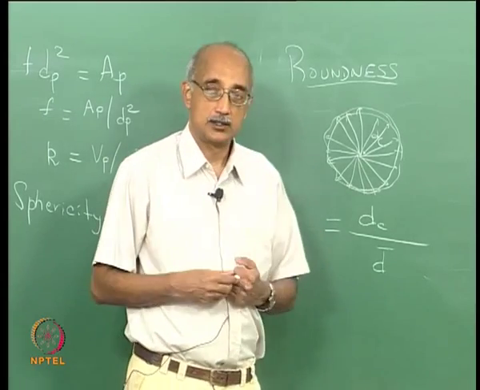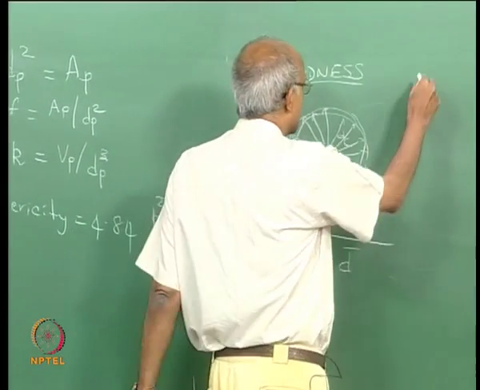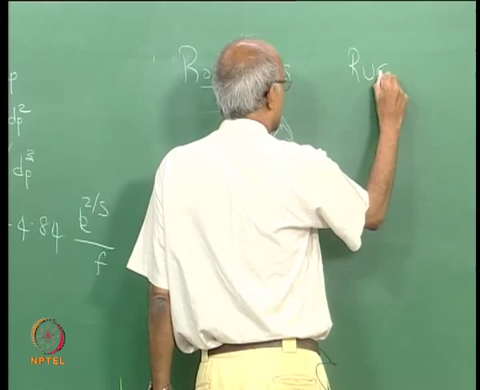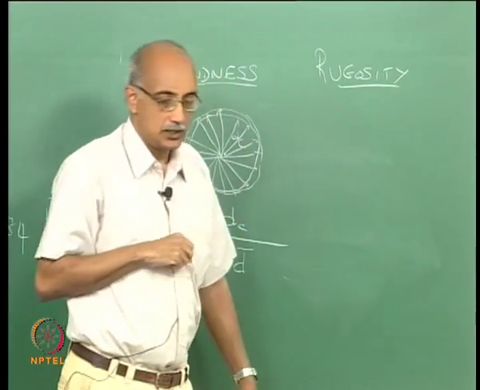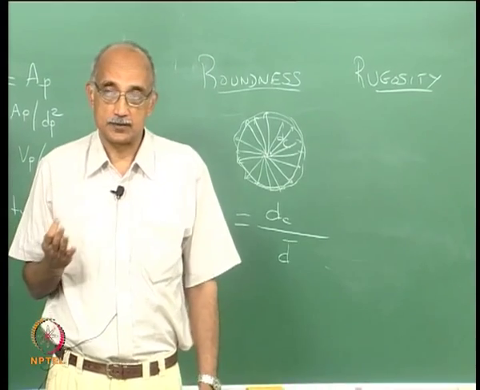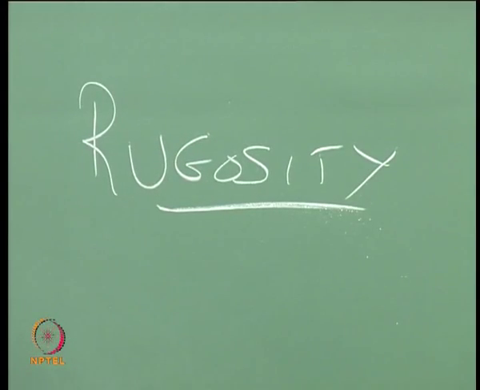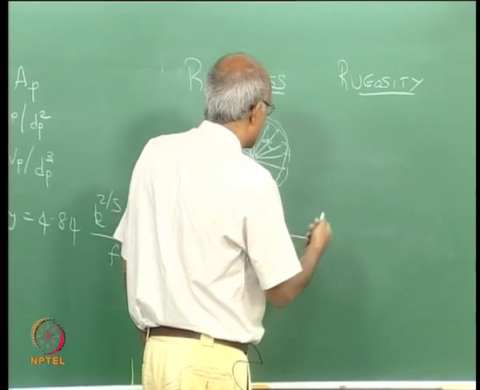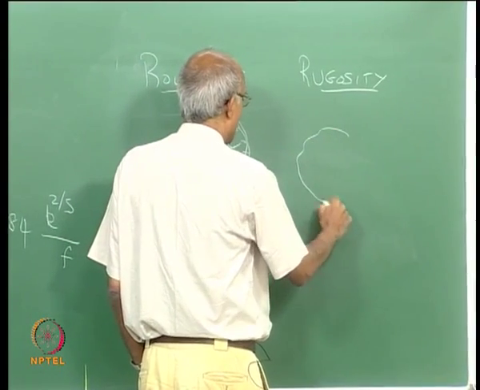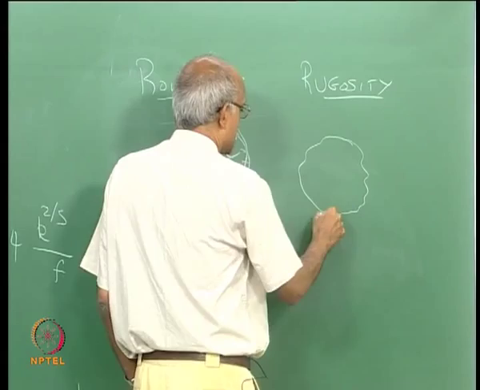A similar shape definition that he came up with was called rugosity. Rugosity is a measure of surface roughness, how rough the surface is. So, the way that this definition works is in some ways similar.